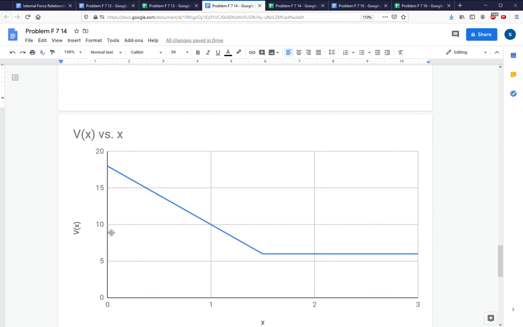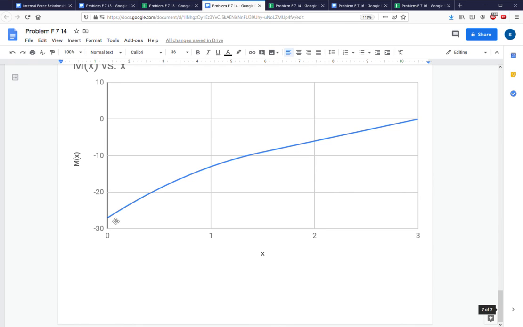So it will always be positively sloping upward here. But because V is decreasing, the slope will decrease. And at the point between the two segments, the slope should smoothly go into this flat segment right here. So you get a little bit of quadratic curving here, and then a flat segment right here.